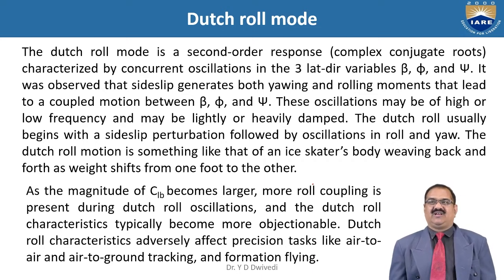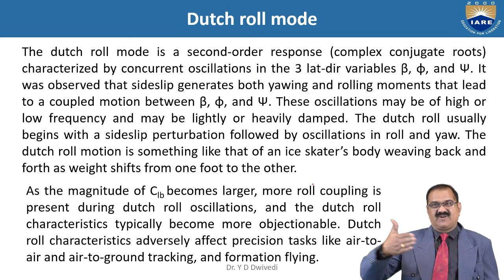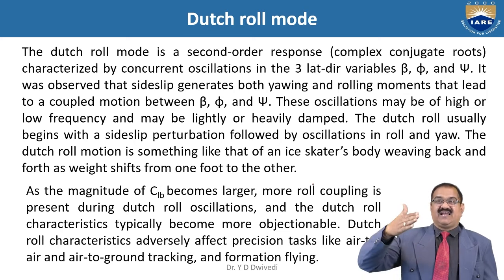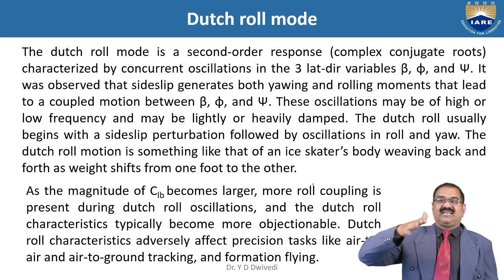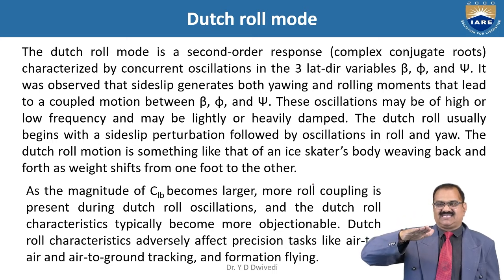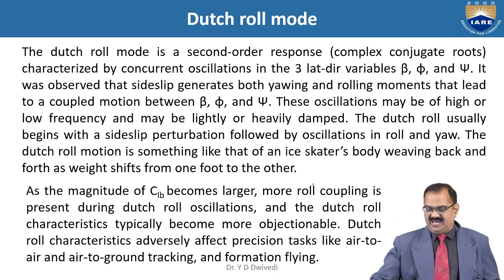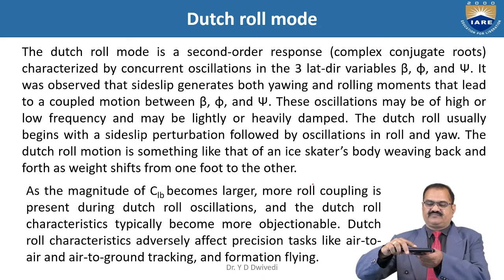The Dutch roll usually begins with a side slip perturbation followed by oscillations in roll and yaw. So what is the Dutch roll? First the side slip perturbation will occur, and then the aircraft will start oscillating in roll and yaw, like this and like this.